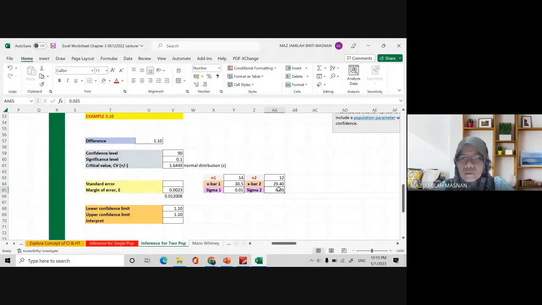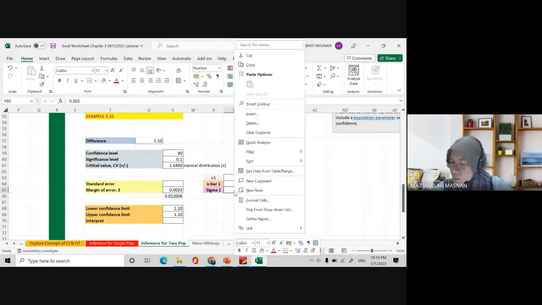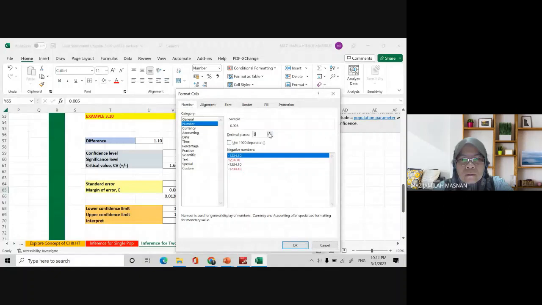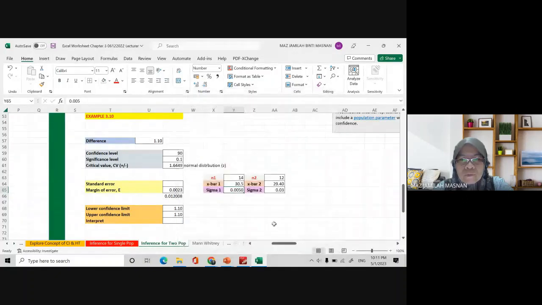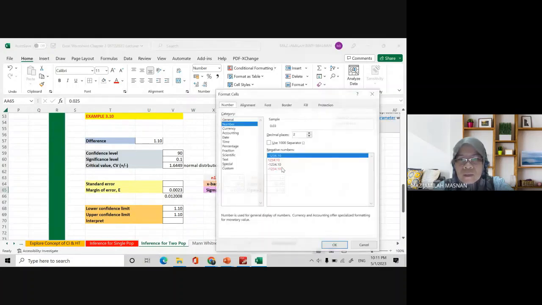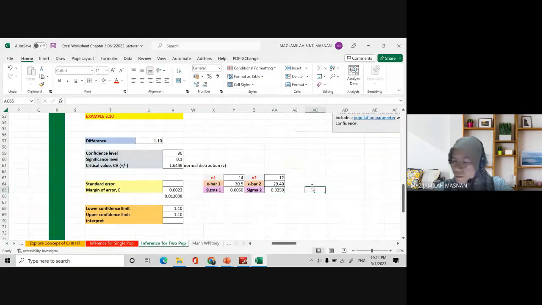And then the other one is... Oh, okay. Just put it as 3 decimal points then. Let's put 4. Okay. And here should be 3 decimals. See, class, how this decimal point can give you a different answer.